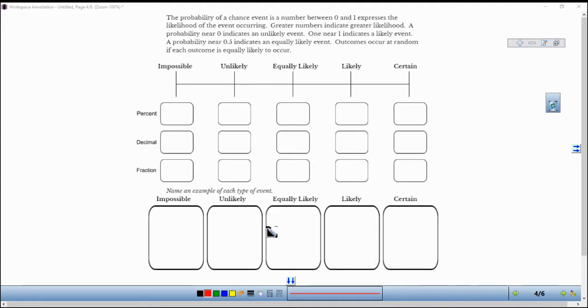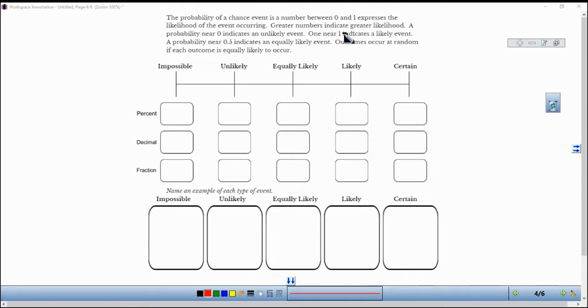Okay, so on page 5, we're going to take a look at some different words we can use to describe different types of events. So if we look on top, it says the probability of a chance event is a number between 0 and 1, expresses the likelihood of an event occurring. Greater numbers indicate greater likelihood. A probability near 0 indicates an unlikely event.